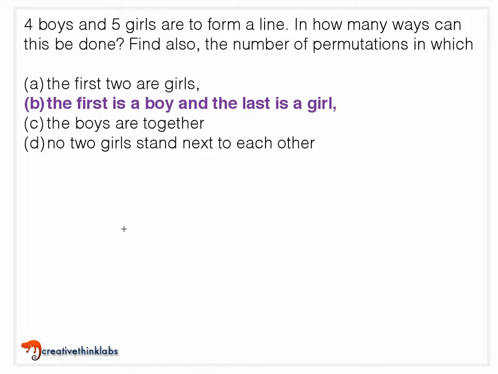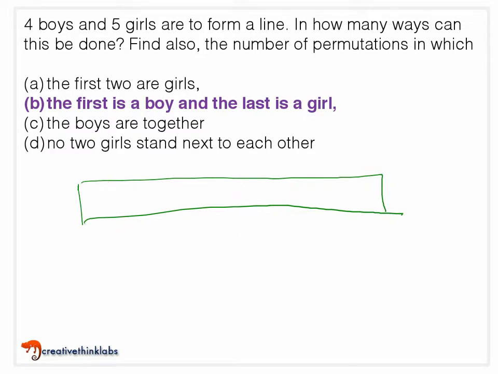The first is a boy and the last is a girl. Now again, if we were to draw the boxes, let's just take care of the first and the last one. We know that there are 7 slots in the middle here. So the first is a boy, so we can arrange this in 4 ways, and then right at the end it has to be a girl, so it's in 5 ways.